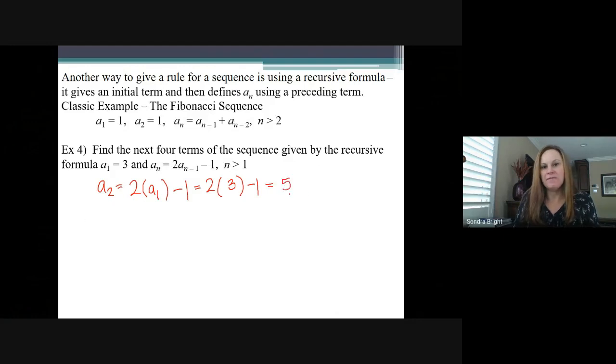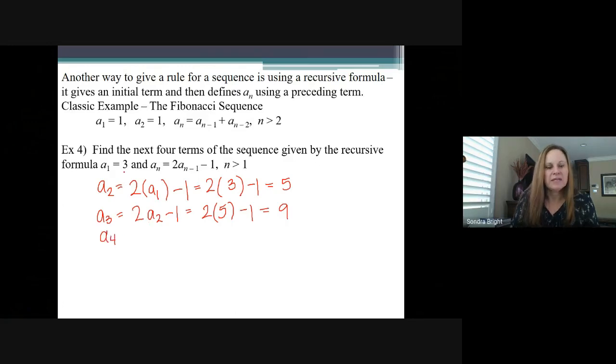All right, so now I have the second term. To get the third term, it is 2 times a sub 3 minus 1. So 2 times a2 and then minus 1. But we just found a2. We found that it was 5. And so that'll give you 9.